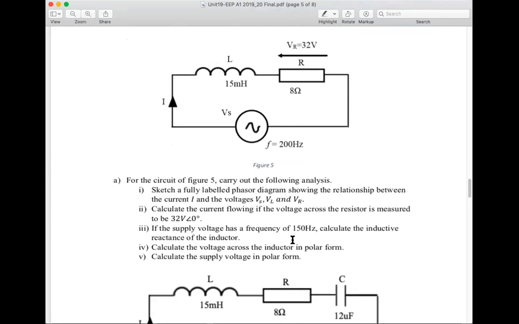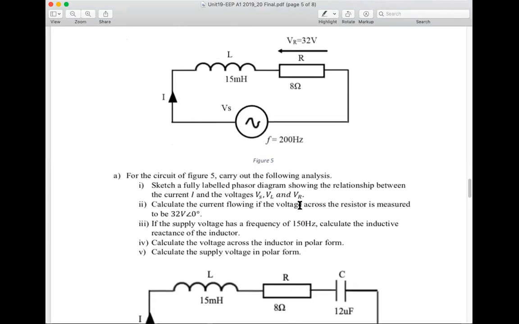I think I changed my mind there for some reason. The question wasn't changed, but the diagram was. So we go with what's on the diagram, 200 hertz.